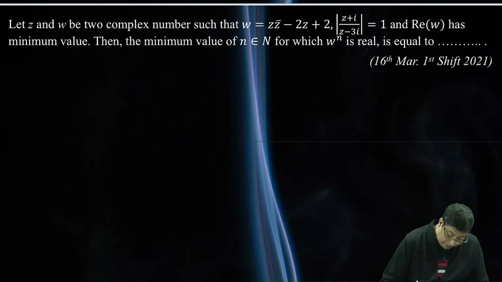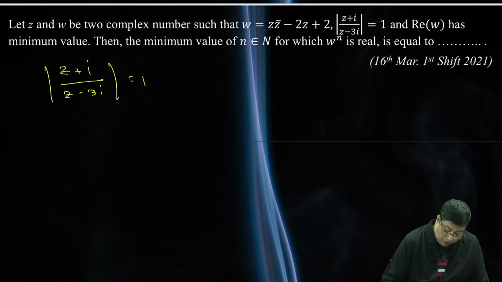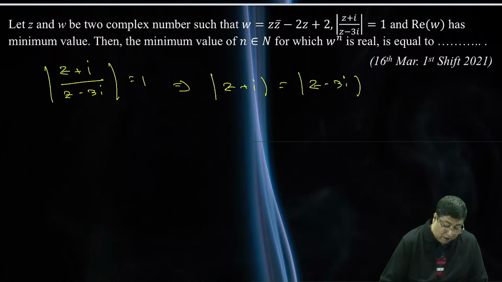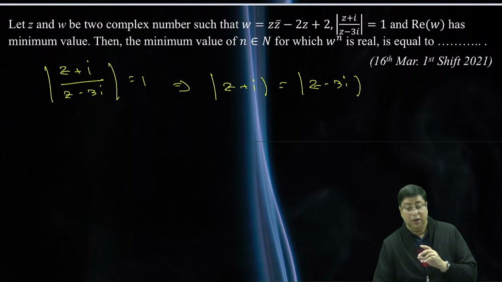We are given that mod of z plus i by mod of z minus 3i equal to 1. So mod of z plus i equal to mod of z minus 3i. Remember one thing: this is the distance of z, where z means x comma y.